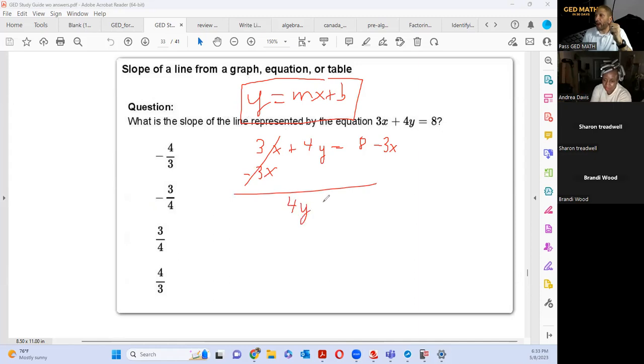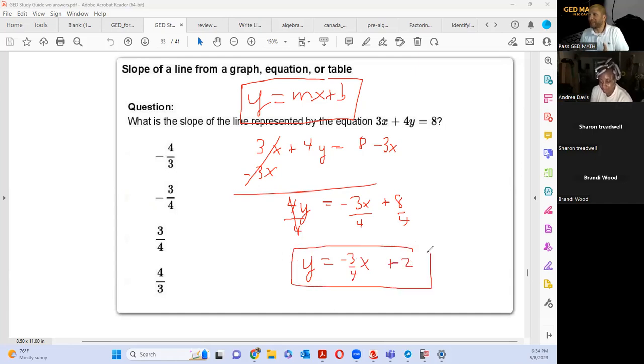I get 4y equals, and now I change the order of these two terms so it looks like y equals mx plus b: the minus 3x first, then the plus 8. To get y by itself, I divide by 4. Since these are not like terms, I divide both terms by 4. That's how they want you to do it. y equals negative 3/4 x plus 2.